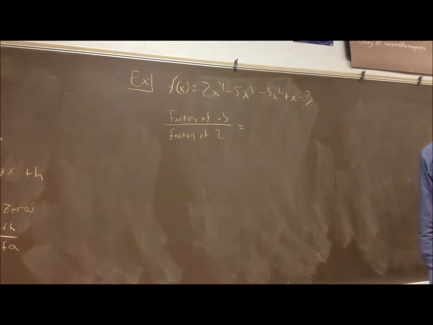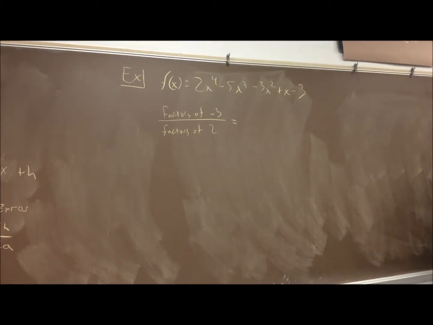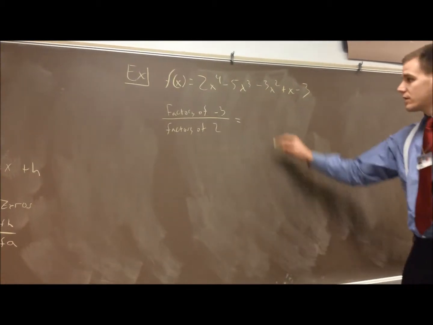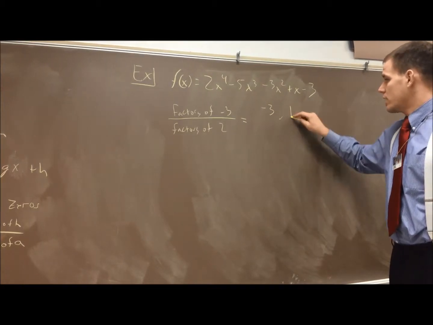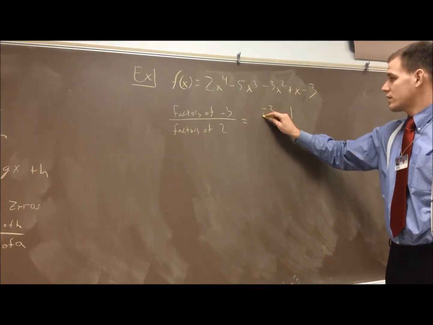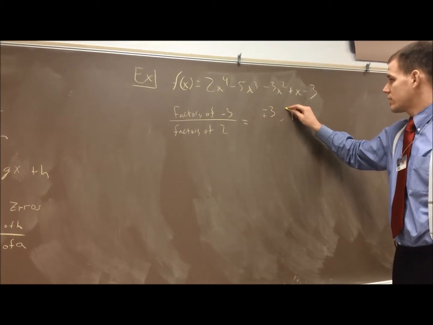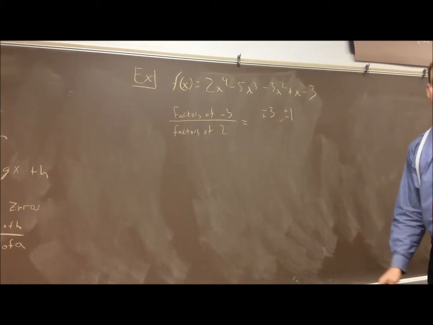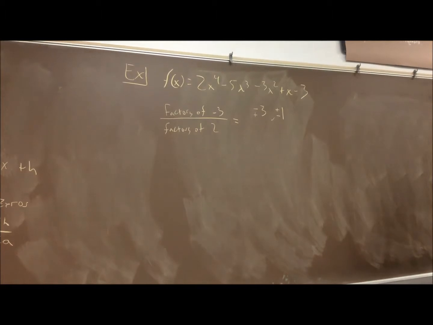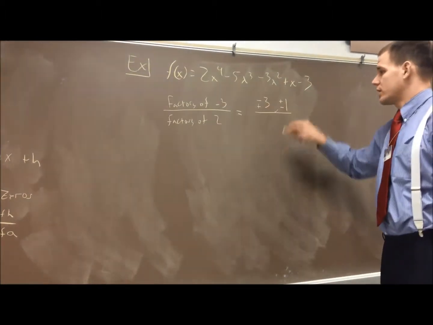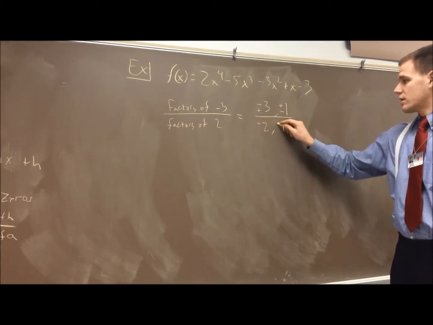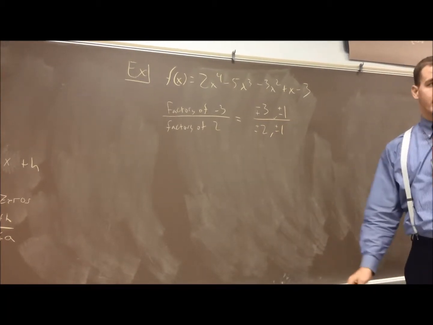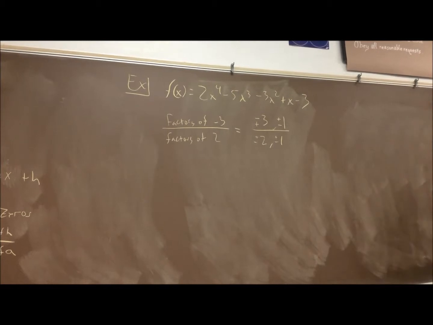What are all the factors of -3? -3 and 1, or 1 and -3, correct? All the factors of 2: 2 and 1, or -2 and -1. Easy enough?